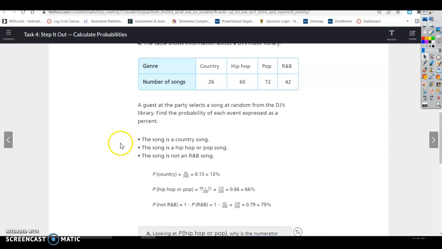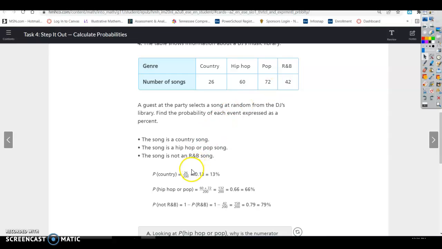All right, so there's 3 scenarios. The song is a country song, the song is hip hop or pop, the song is not R&B. So here's how they found the probability. So the probability of country is going to be 26 out of the total amount. So if you add those up, there would be 200 total songs on the DJ's playlist.